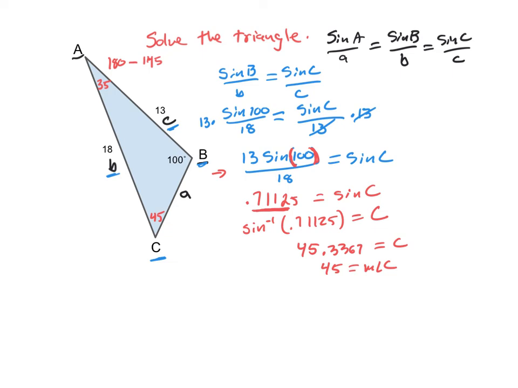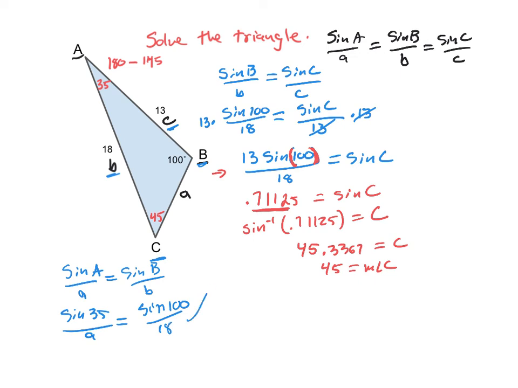The sine of A over a is equal to the sine of B over b. So I'm looking at the sine of 35 over a is equal to the sine of 100 over 18.